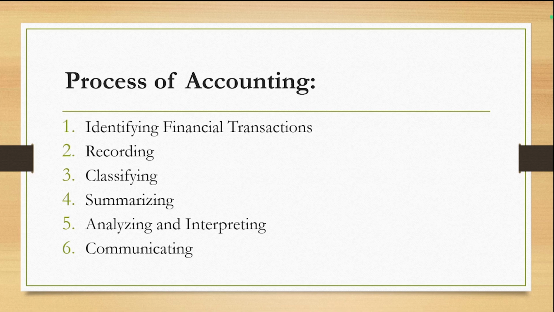Now, the second process is recording. Whenever we talk about recording, after identifying, the process of recording starts. Again, the problem is how to record. For recording, we need to follow a systematic approach, and that systematic approach is called the double entry system of bookkeeping, where one transaction needs to be debited and another credited, and debit is always equal to credit.